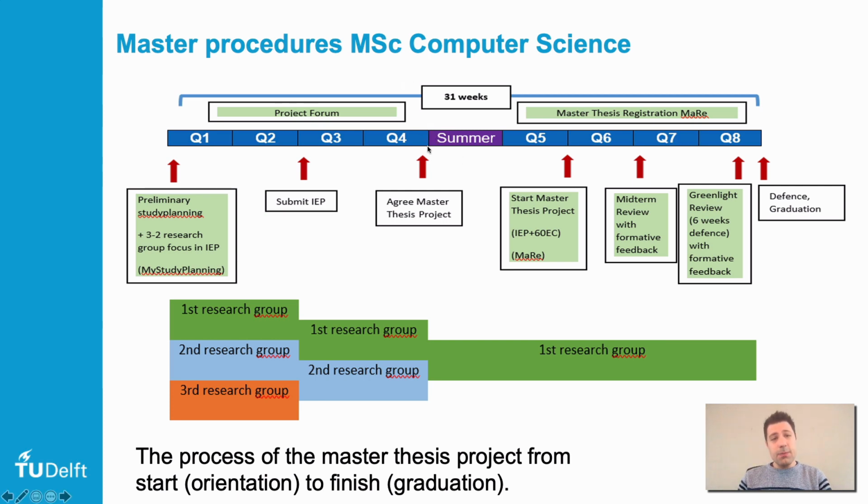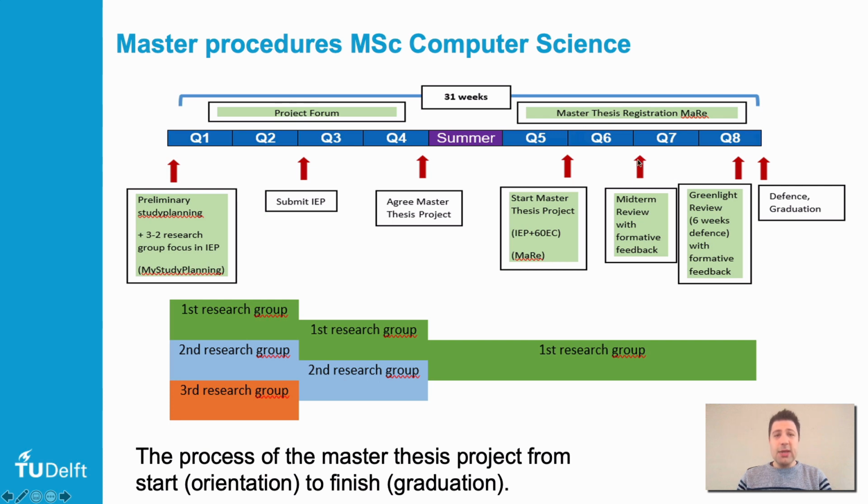Then a little bit before summer, it is nice if you start to talk to the different research groups and find an advisor for your thesis project and agree on the project. You start your project in around the end of Q5, and then this is where you're gonna work very closely to the research group.